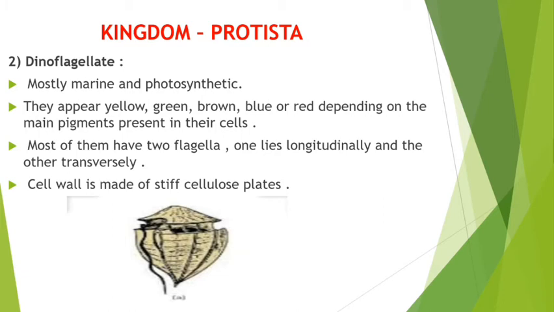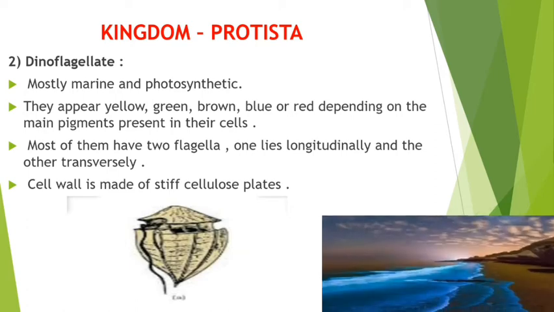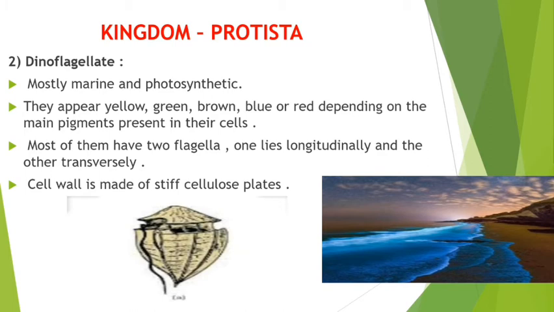When we learned about Robert Whittaker's 5 kingdom system of classification, we mentioned some general characters of Kingdom Protista, and that some of them have a cell wall. So here, dinoflagellates have a cell wall. They are also photosynthetic in nature. Clear?